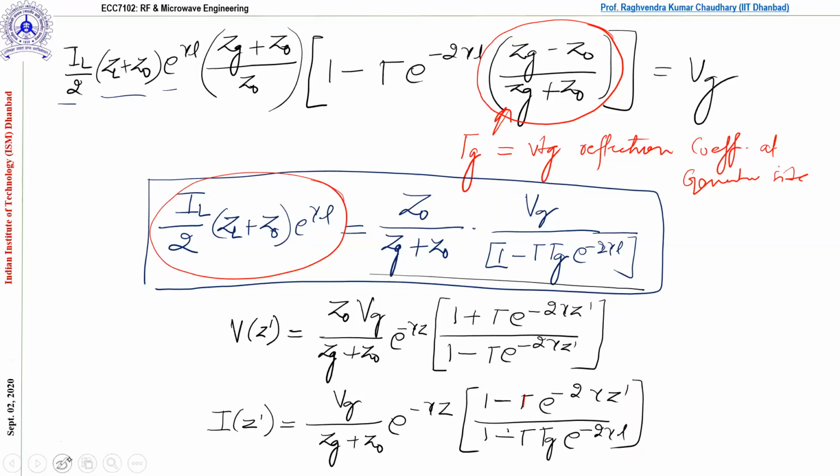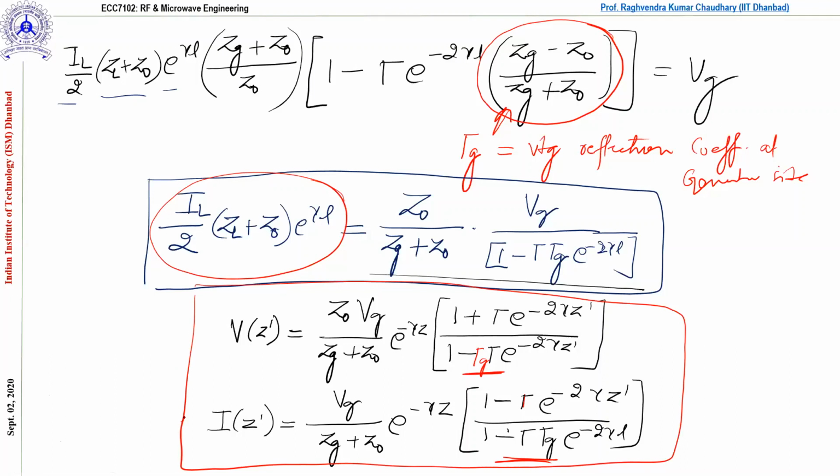So now if you see these two equations, you will find that this is gamma G here. The denominator carries the information of the reflection coefficient at both ends. With these equations, I would say this is a complete analytical expression for determining the voltage and current wave at any point of the finite transmission line fed by VG.